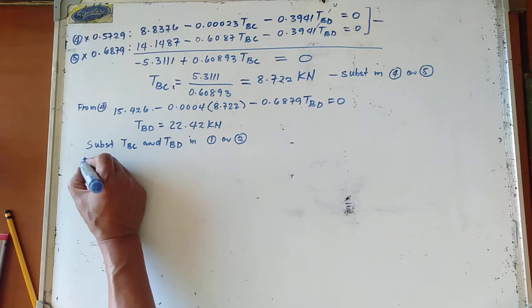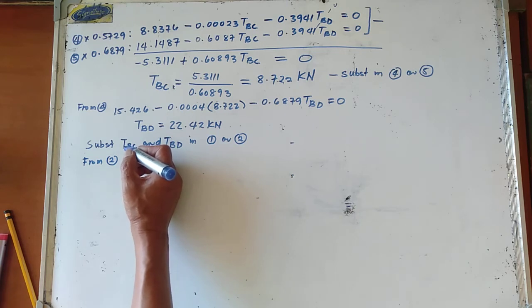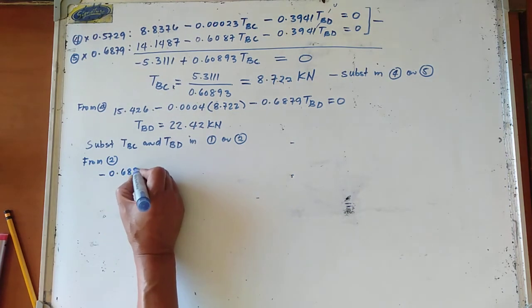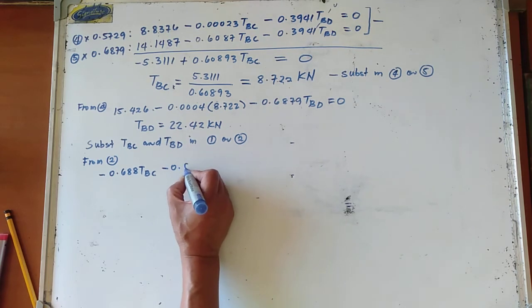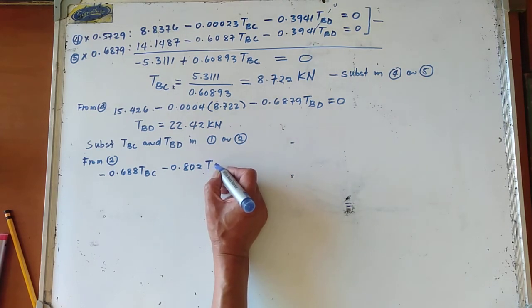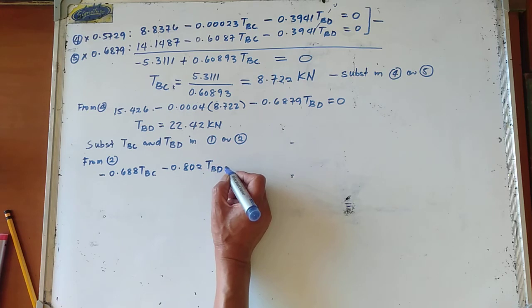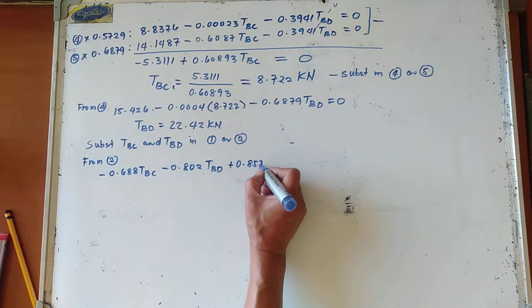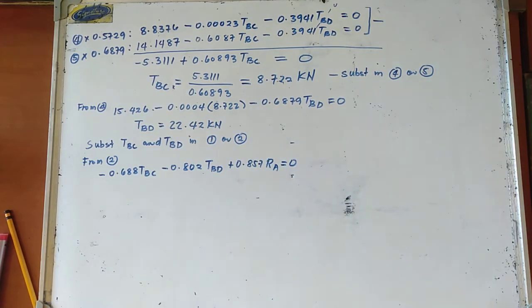Okay, so from equation 2, minus 0.688 T sub BC minus 0.802 T sub BD plus 0.857 RA is now equal to 0.